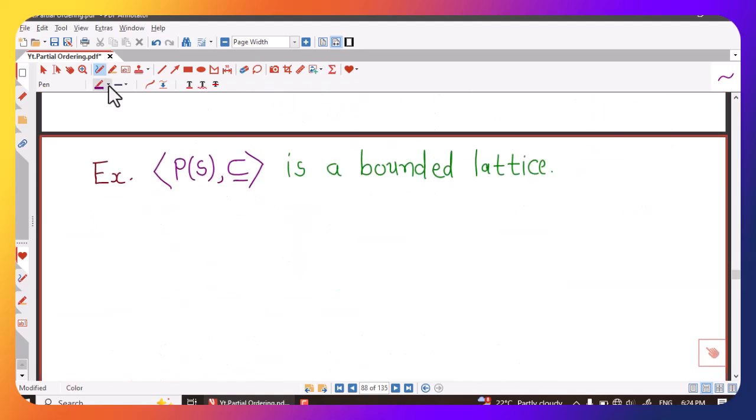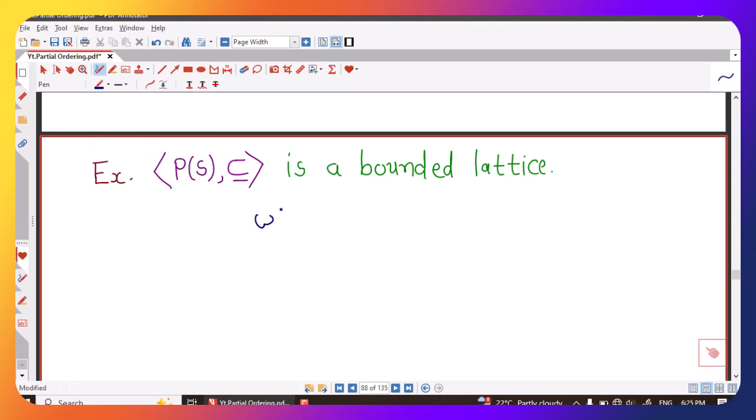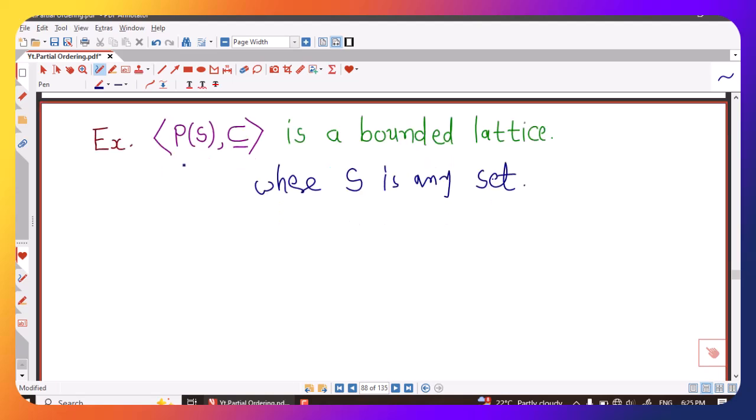Another example is the power set of S with the inclusion relation, where S is any set. I want to prove that the power set of S with inclusion relation has a least element as well as a greatest element. The least element is that element which is related to every element of the power set of S. We know that the empty set is a subset of every set.